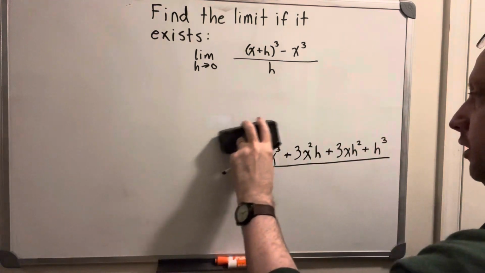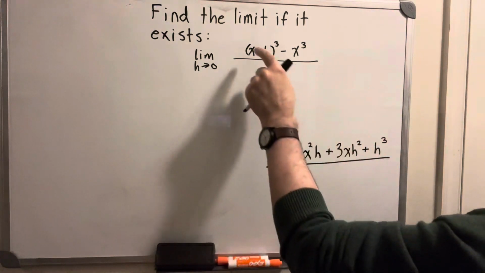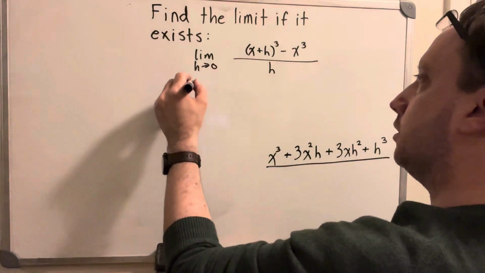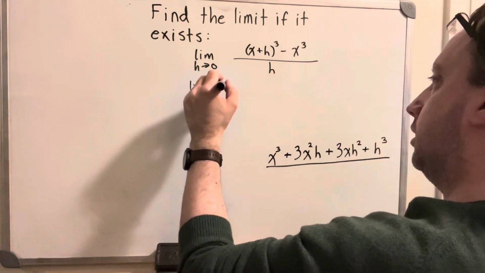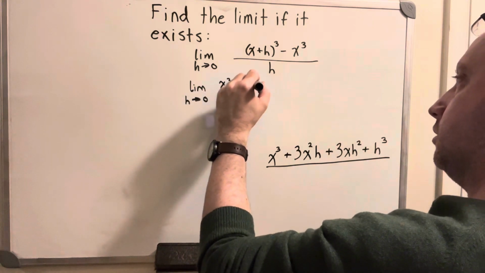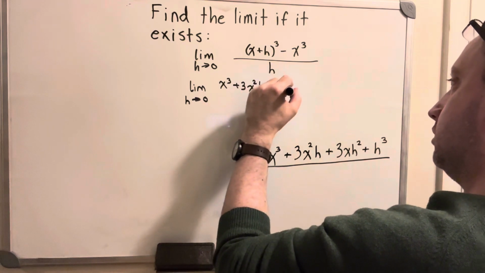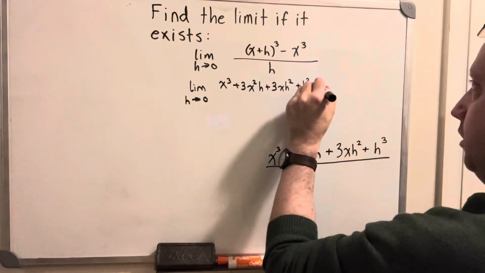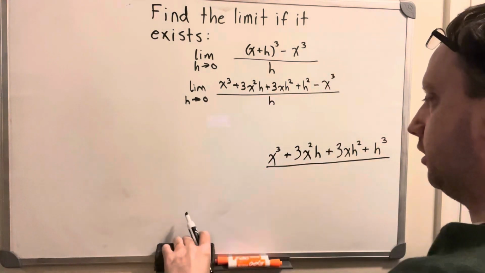So now I'm going to rewrite this limit, replacing this x plus h cubed with all of this, and then it's followed by minus x cubed all over h.